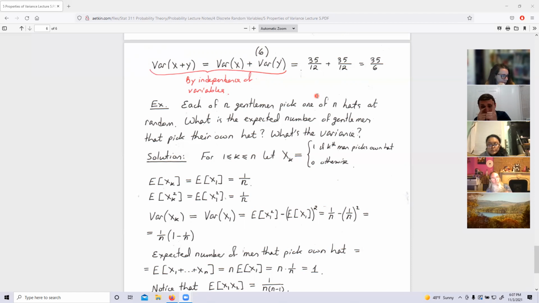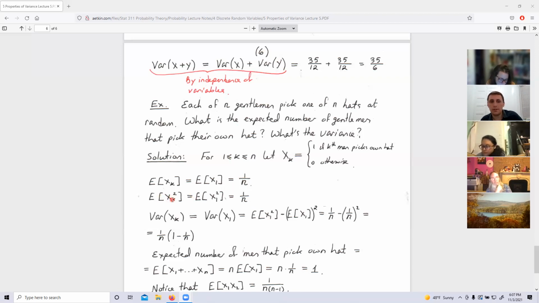Because gentleman number 3, for instance, is equally likely to pick any hat. Just focused on gentleman 3 without any information about others, he is equally likely to pick any of the n hats. You agree? So that expected value is 1 over n.